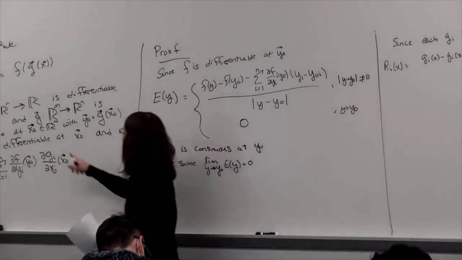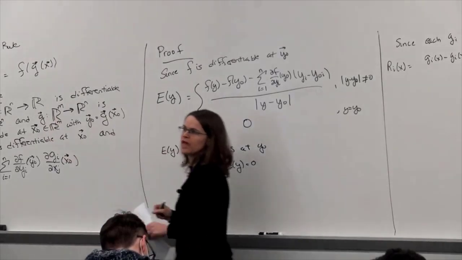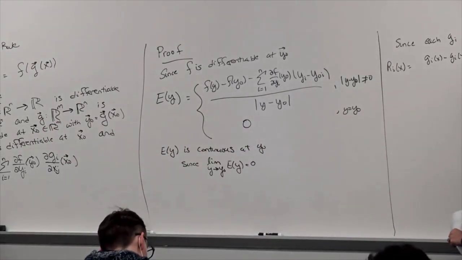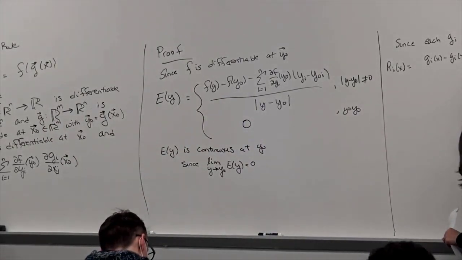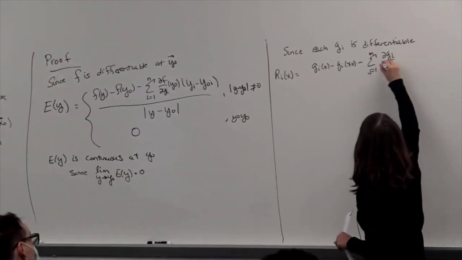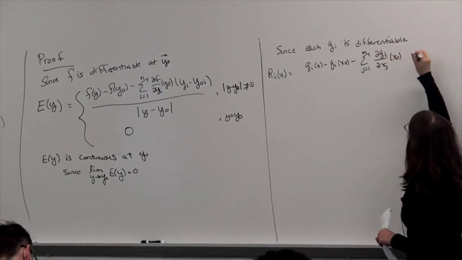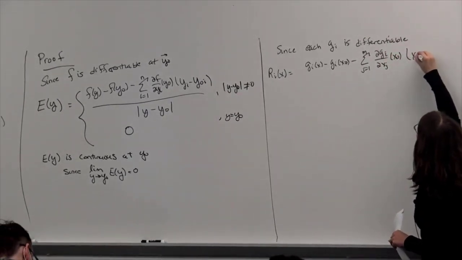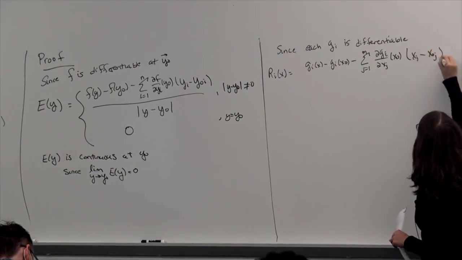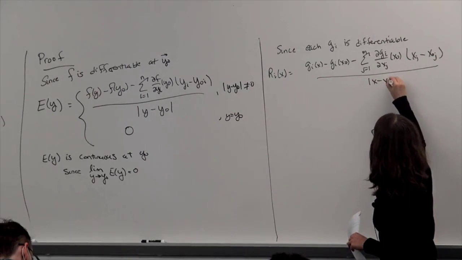This is a function of x, which lives in R^m. So there's m things to sum through now. So the partial of g_i with respect to x_j at x0 times x_j minus x0_j, divided by the size of x minus x0.